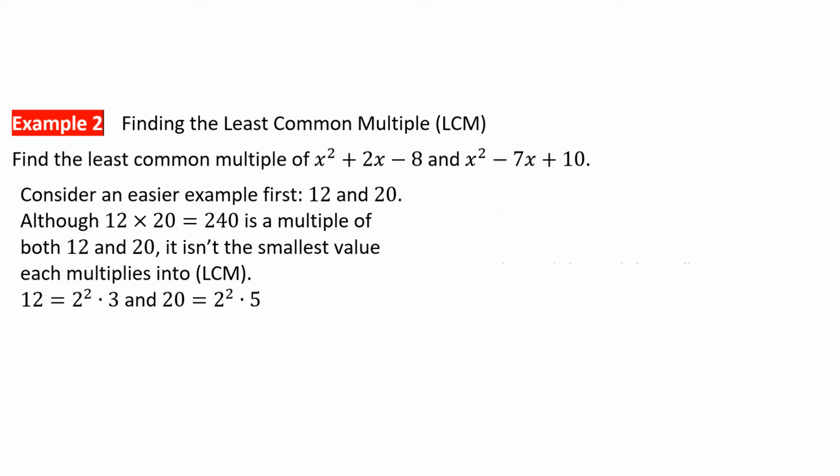If we want to know the smallest thing that they both multiply into, we need the 2, the 3, and the 5, and we need the greatest exponent, so that 2 squared. We need 2 squared times 3 times 5, and that would give us 60. That's the least common multiple. That's the smallest thing that they both multiply into.